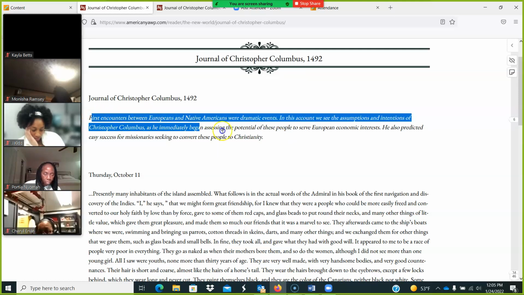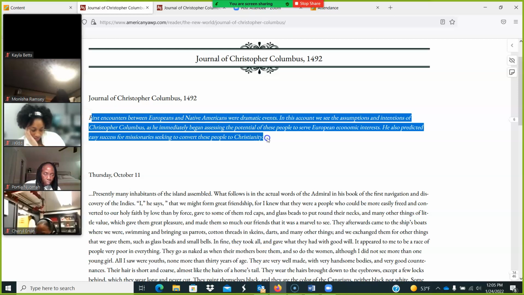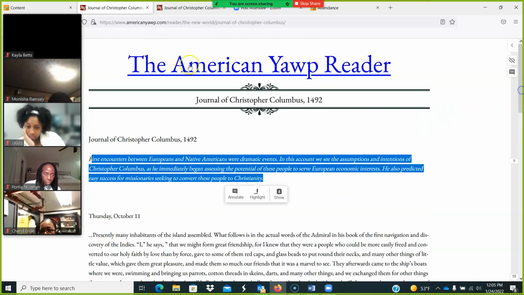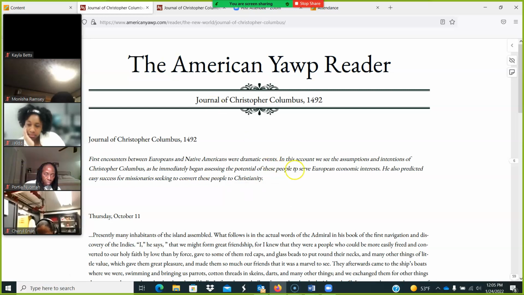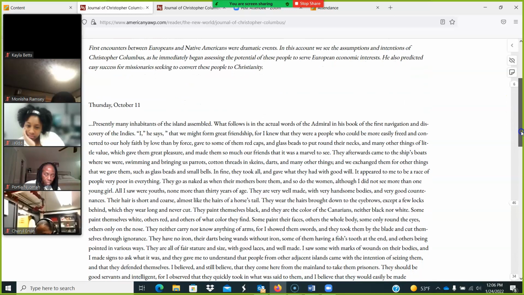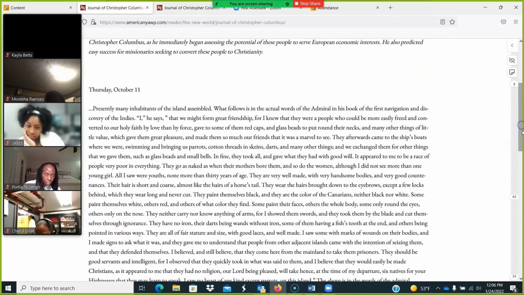Did Christopher Columbus write this? No. Who wrote that? The editors of the American Yawp Reader wrote that. So it's a little preface. Then where it says Thursday, October 11th, that's where it begins to be Columbus's language.